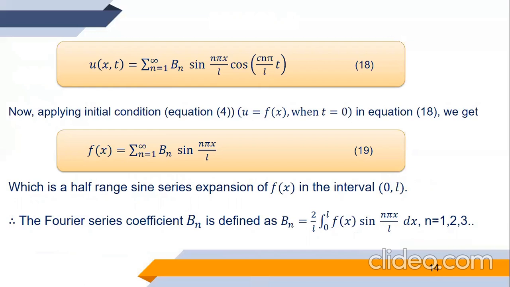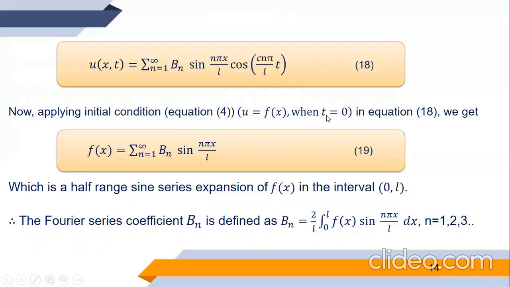Now in equation 18, we apply one remaining initial condition, equation 4. Equation 4 is the initial displacement. When t is equal to 0, we consider the displacement to be some function f(x).